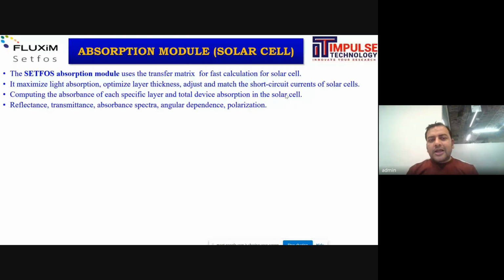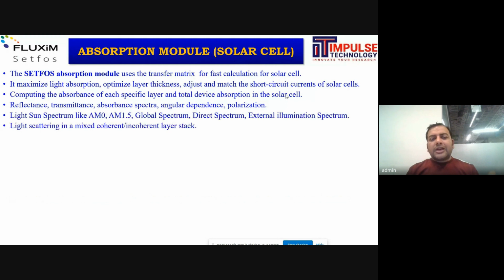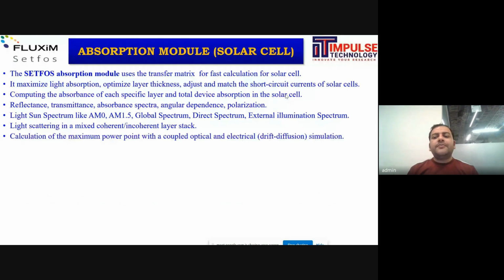Reflectance, transmittance, absorption spectra, angular dependence, polarizations, and light spectrum with AM0, AM1.5, global spectrum, direct spectrum, or even a location-specific spectrum can also be defined. Let's suppose you are sitting in Bombay. In Bombay, at a particular location, there may be a different sun angle and different light radiation.